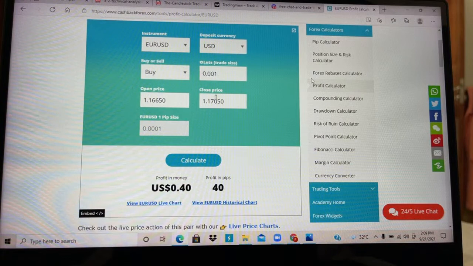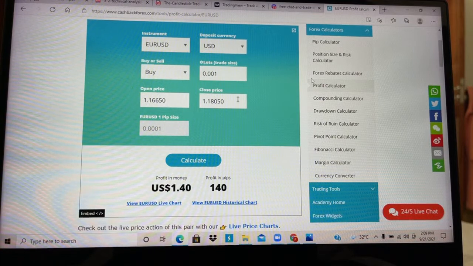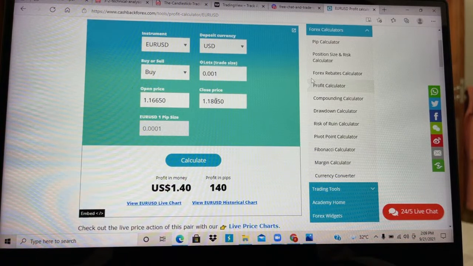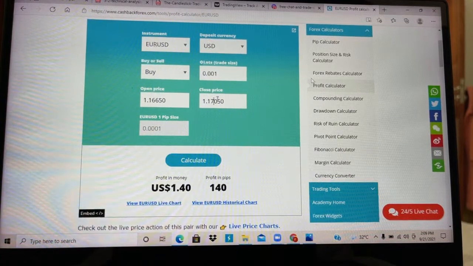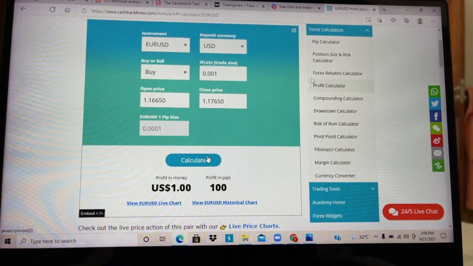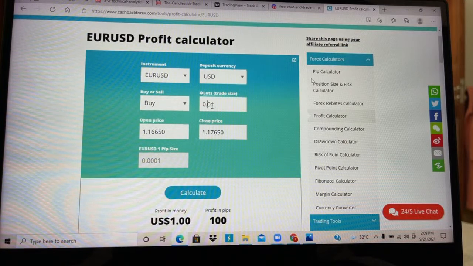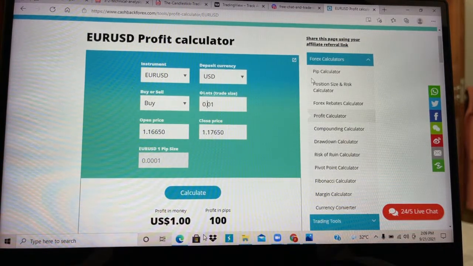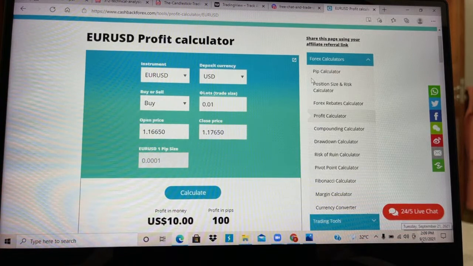But the first one was a bigger move, because every time we add, let's say, 1,000 to the number, it would have been 100 pips. On the trading size, we did mention that the lot size we're going to be using would be 0.01, which is 10 cents per pip.